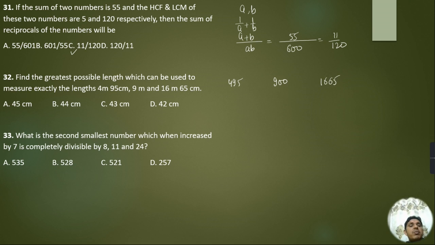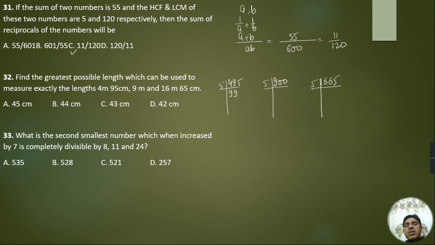So the greatest possible length which can be used to measure exactly the lengths means we have to find the HCF of the numbers. How to find? Just check divisibility by any number that is common. So we can check divisibility by 5.